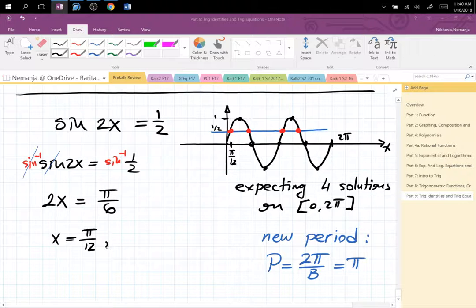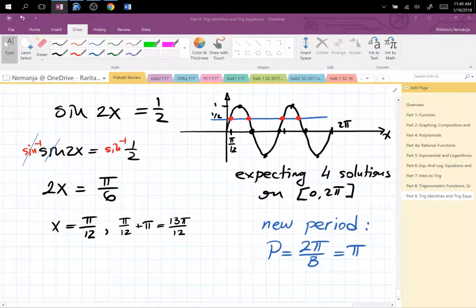So the next one, which is this one over here, that solution is going to be pi over 12 plus pi. And that is 13 pi over 12. Okay. So now we have those two.